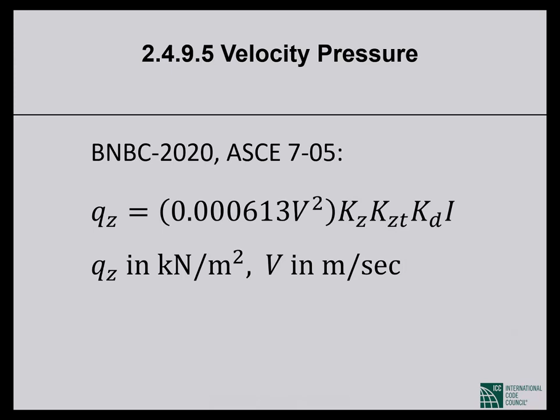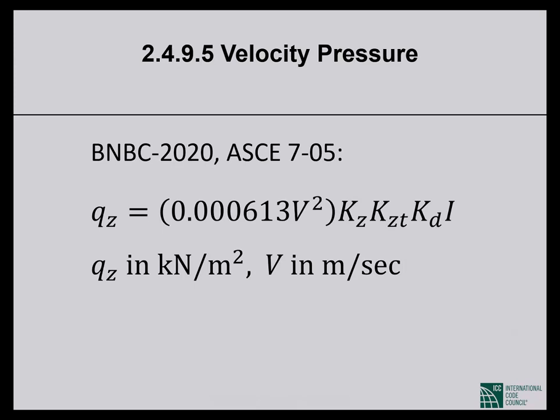q sub z is a constant 0.00613 V squared, that is the wind velocity squared, and that velocity has to be defined, and there is quite a bit of complexity to it.